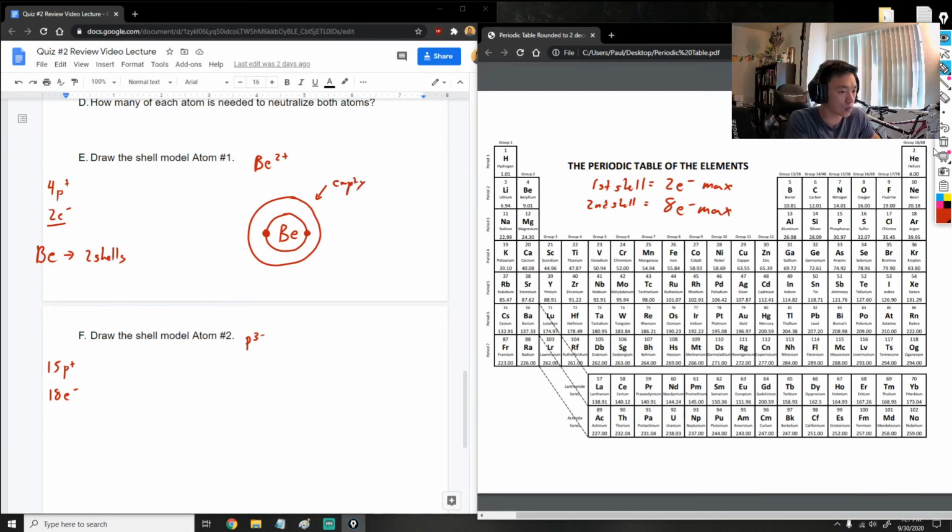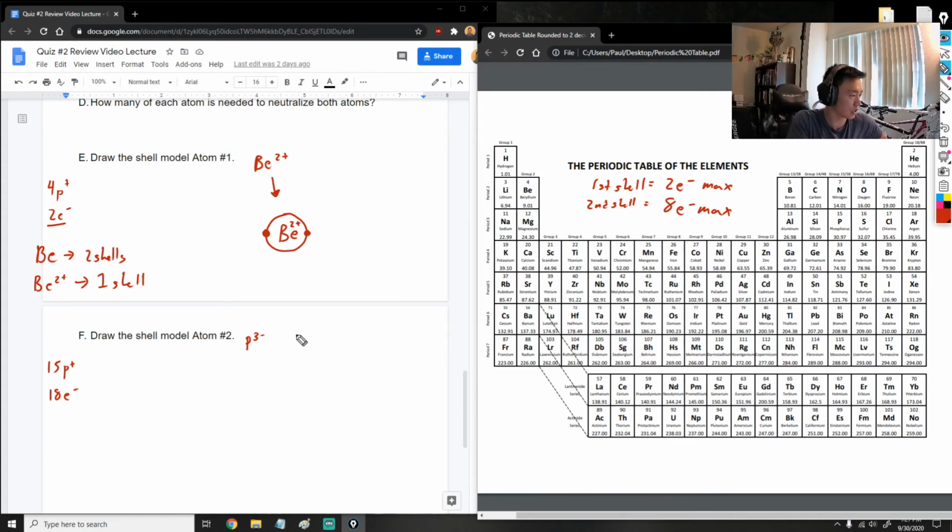If there's an empty shell, that shell does not exist. So we can just get rid of that second shell, and this is going to be our shell model. So Be, I forgot to write the charge. Be2+. Be has 2 shells, but Be2+ only has 1 shell because that second shell disappeared.